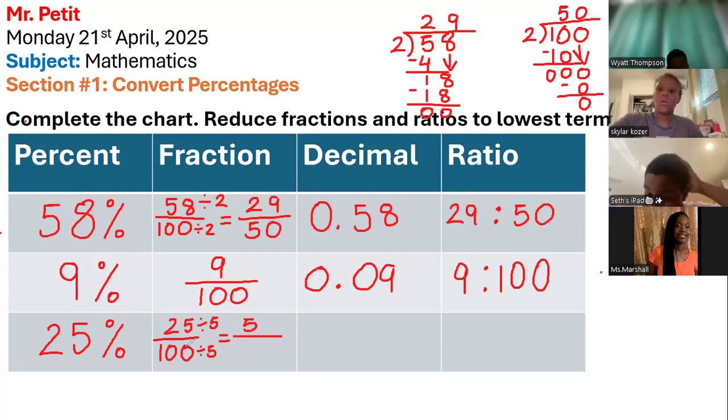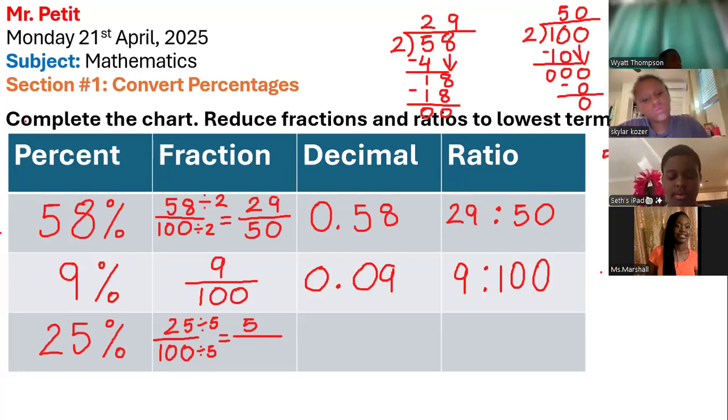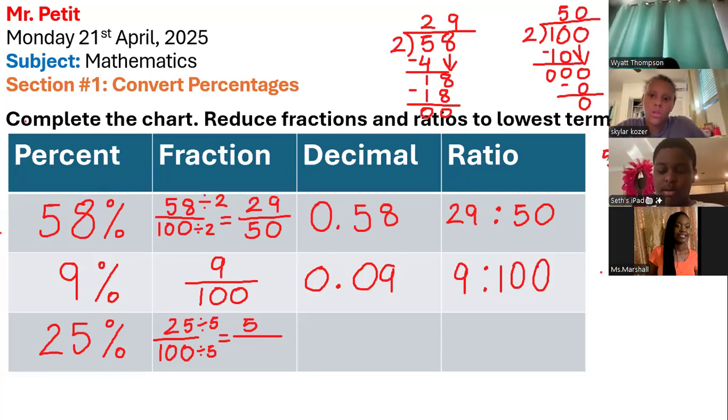And Skylar, what is 100 divided by 5? Let's go ahead and divide it. So 100 divided by 5. How many times does 5 go into 10, Skylar?